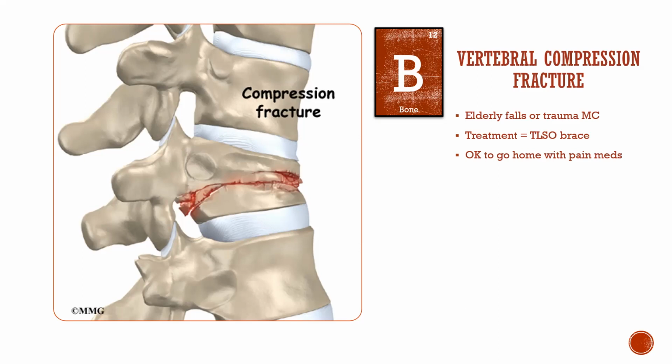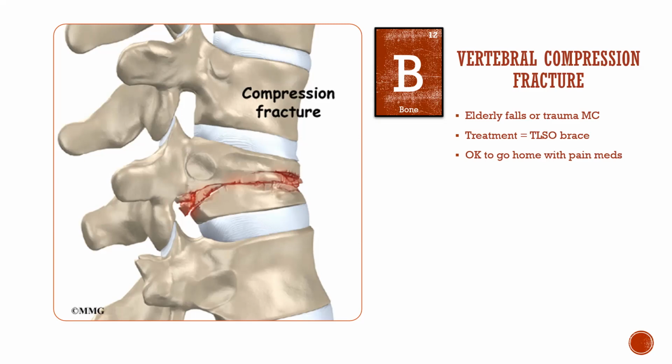So typically we like giving muscle relaxants, and we treat this with a special brace called the TLSO brace, or thoracic lumbar spine. I forgot what the O stands for, but it's an orthopedic or something like that.